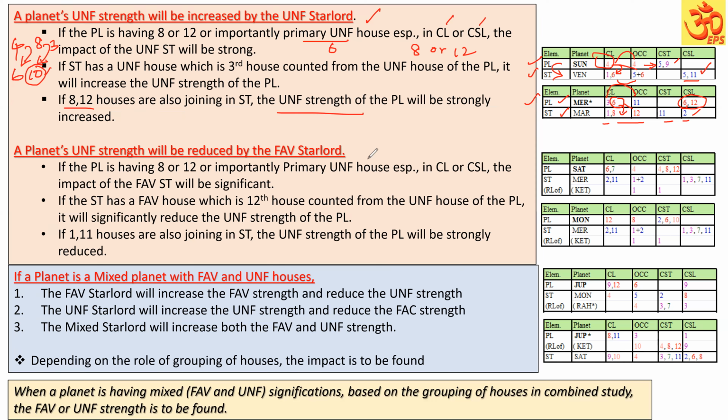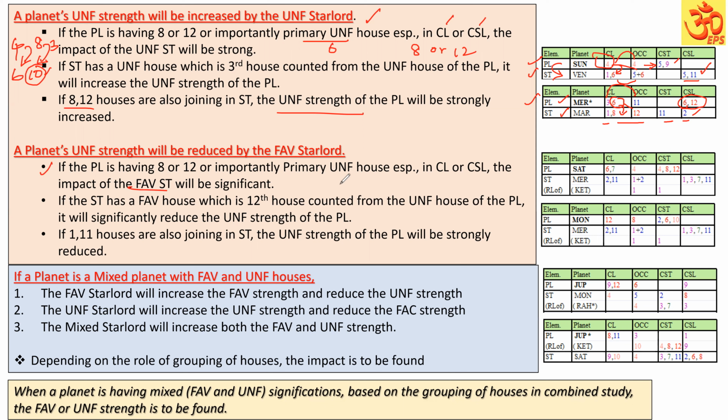Instead, with a favorable star lord, the unfavorable strength of the planet will be reduced. If the planet has the 8th house or 12th house, or importantly a primary unfavorable house in CL or CSL, the impact of the favorable star lord will be significant.